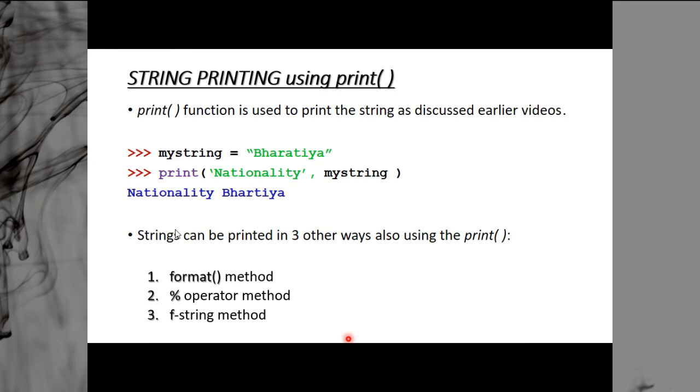A string can be printed in three other ways also using the print function. If you want to provide style to your print statement, you want to format your data before printing, then you can use three different methods, and these methods are almost similar to each other.